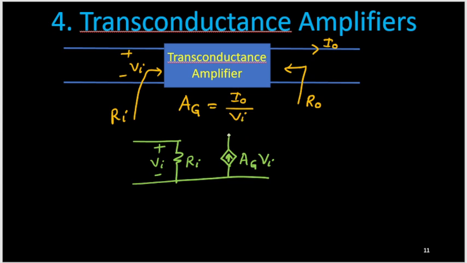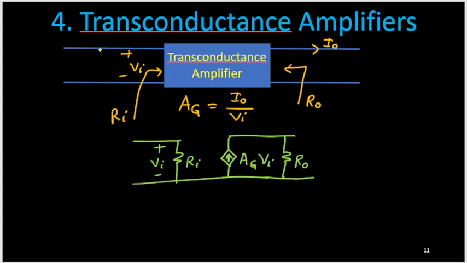As I have considered a current source on the output side, the output resistance R naught should be considered across it. So this is your R naught, right? This is our model. Now we need to include the practical input source and load.